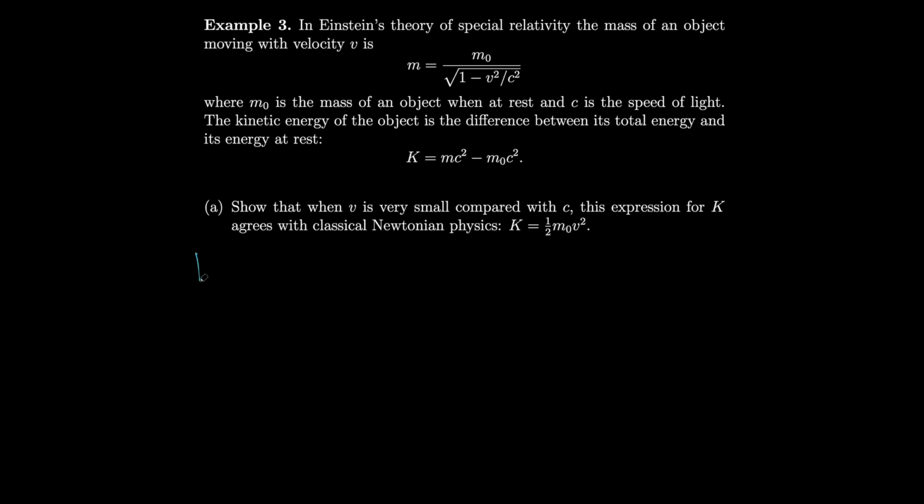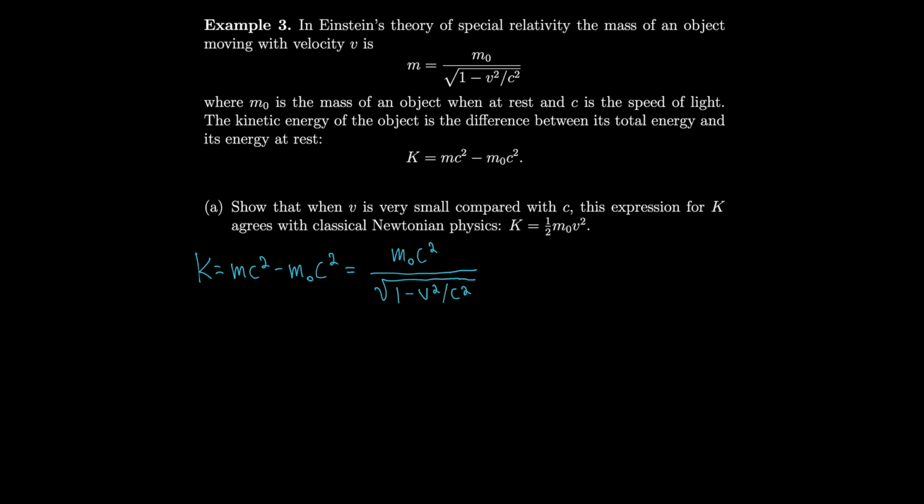So we'll write K equal to mc squared minus m naught c squared. And then we'll plug in, because we know what m is. So we have m naught c squared over square root of 1 minus v squared over c squared.